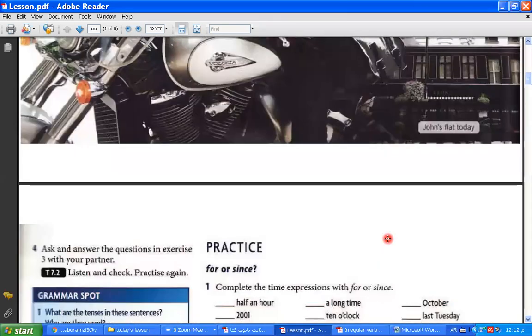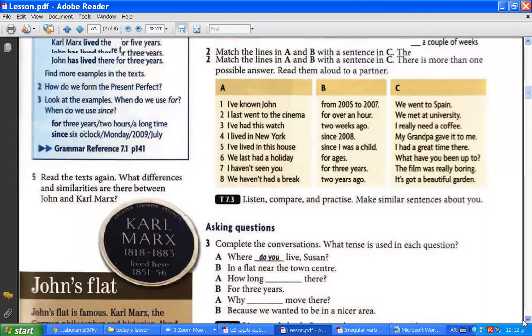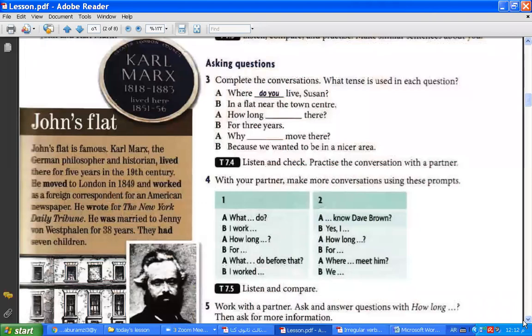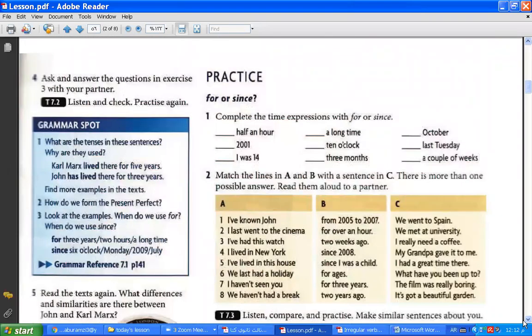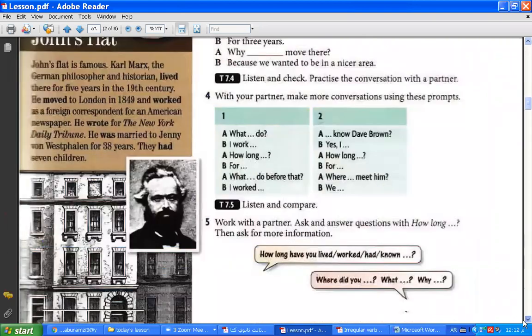So here, let's go to John's flat. Yes, so here we have this photo, John's flat in the 19th century.